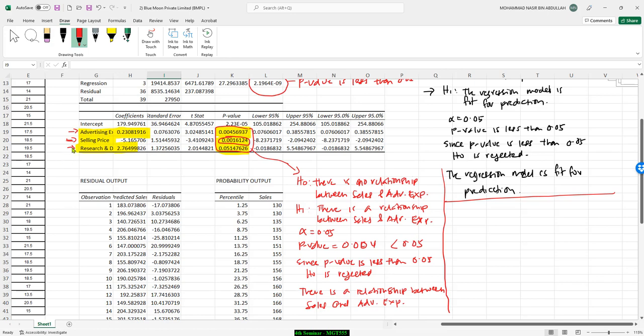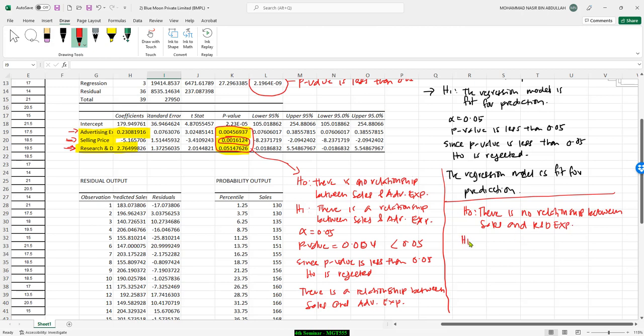But for the third, the last one is research and development, R&D. Null hypothesis, there is no relationship between sales and R&D expenditure.